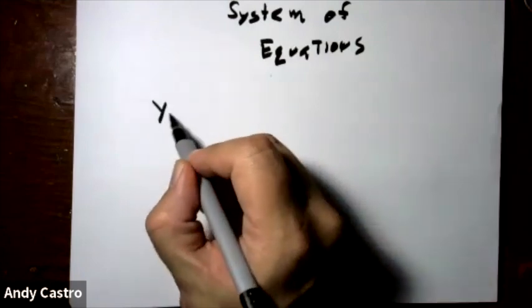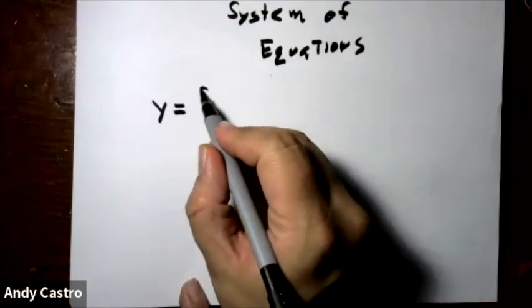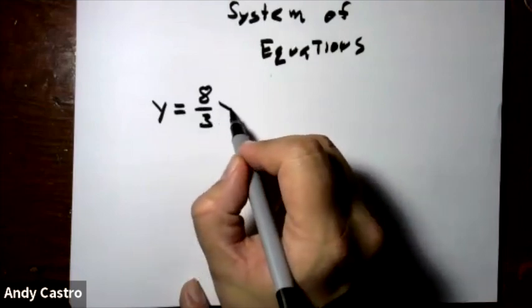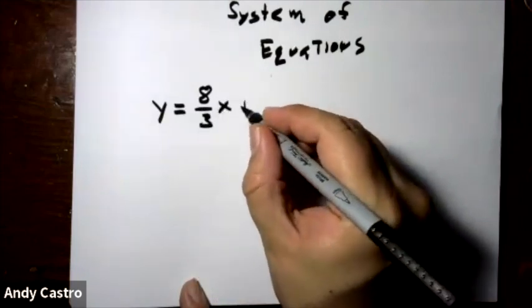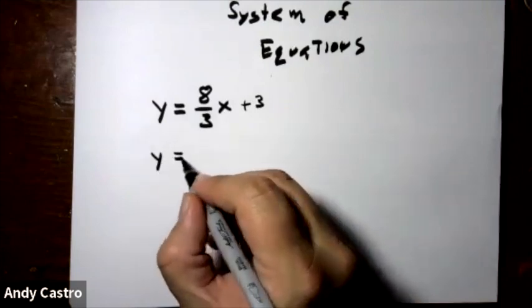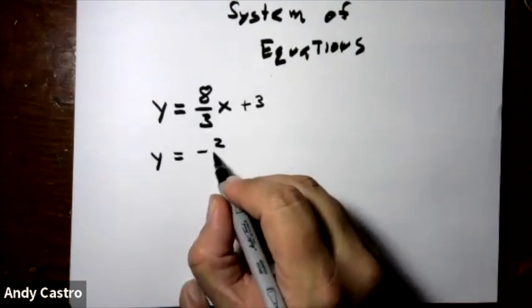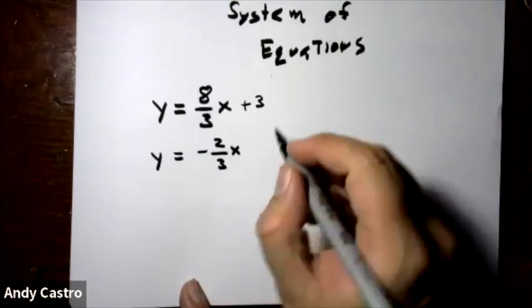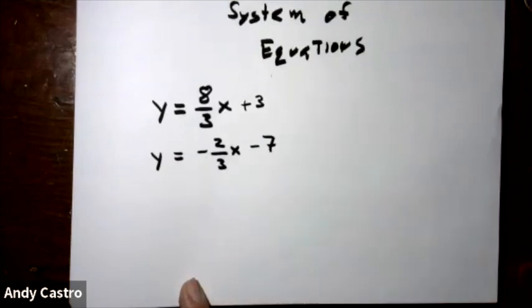For example, here's an equation: y is equal to 8/3 x plus 3. And then you'll have another equation: y is equal to negative 2/3 x minus 7.